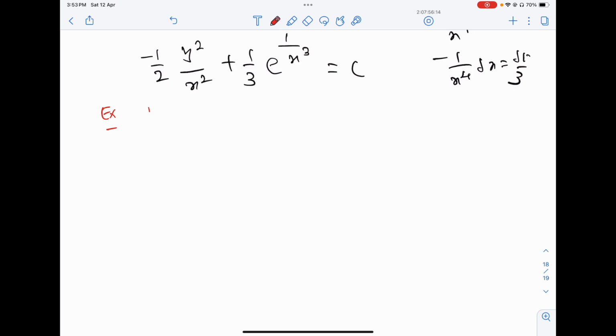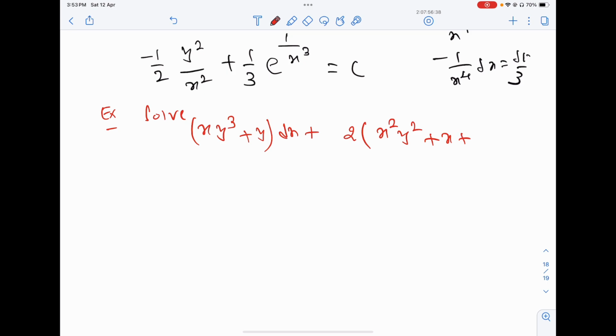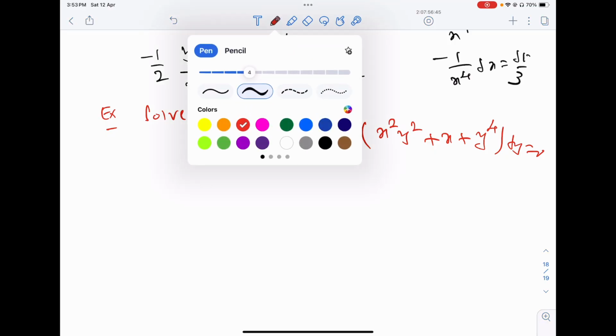Solve xy cube plus y dx plus 2 times x square y square plus x plus y power 4 dy equal to 0.